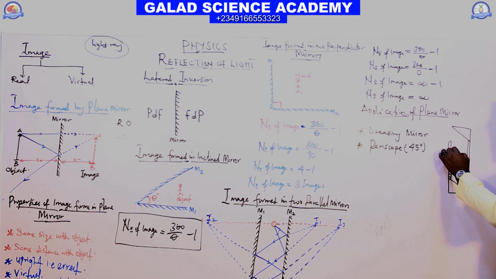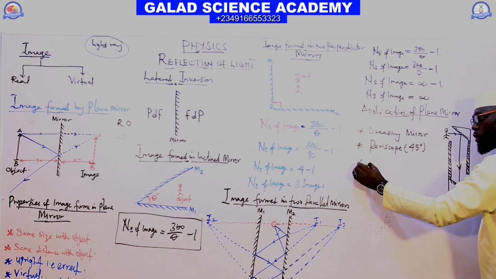This side is a mirror. This side is a mirror. So if you put an object here, this object will reflect like this, and we use the eyes here to see the object. This is the periscope.